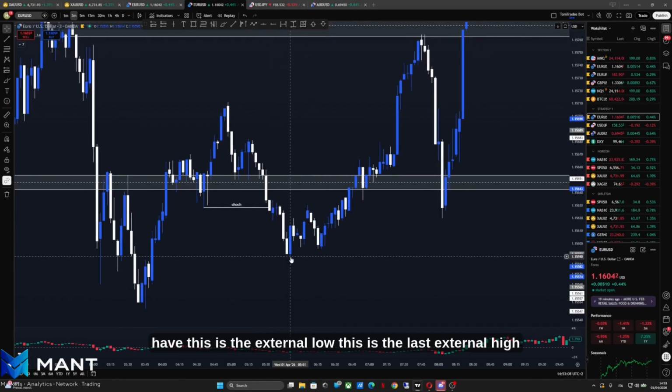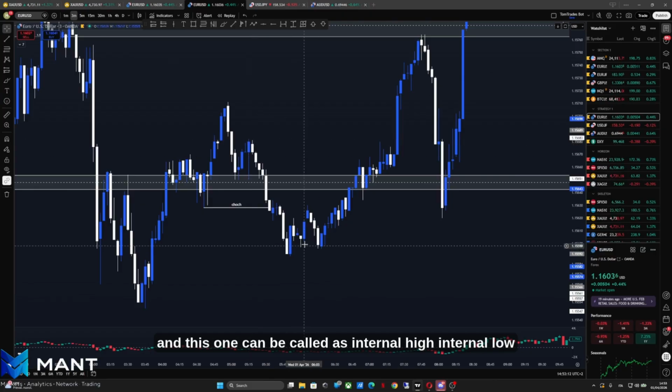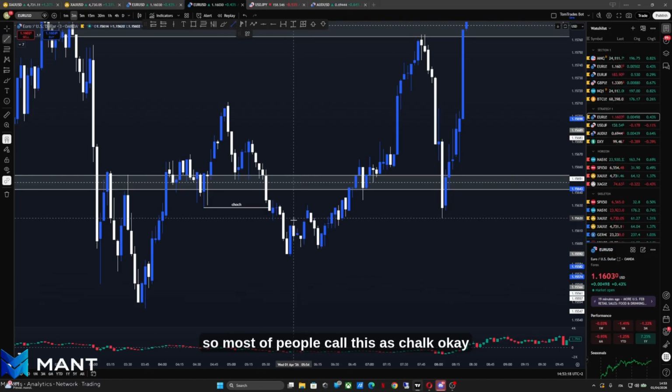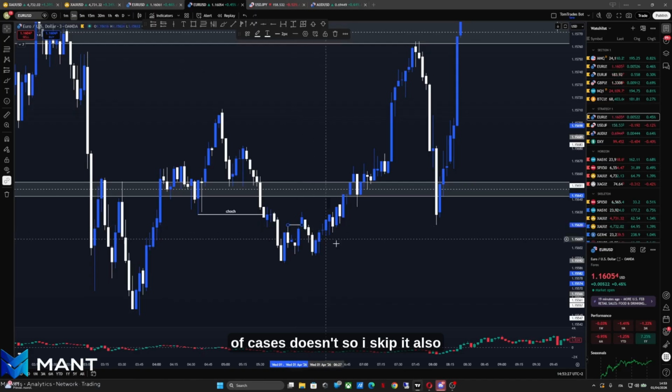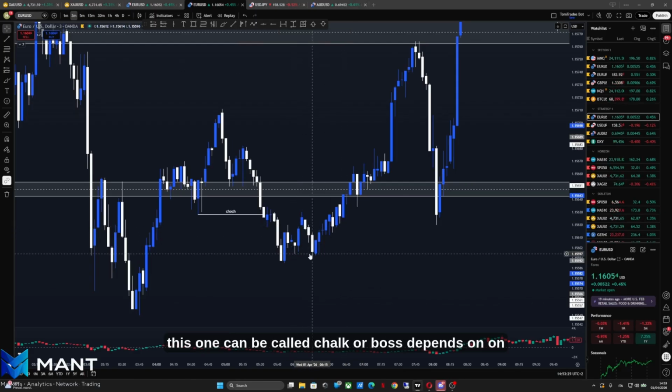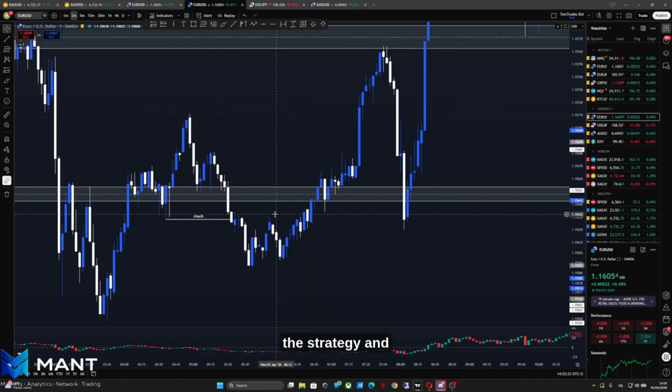This is the external low, this is the last external high, and this one can be called an internal high, internal low. Most people call this a CHoCH. In this case it worked, nice, but in most cases it doesn't, so I skip it. Also, this one can be called a CHoCH or BOS, depending on the strategy.